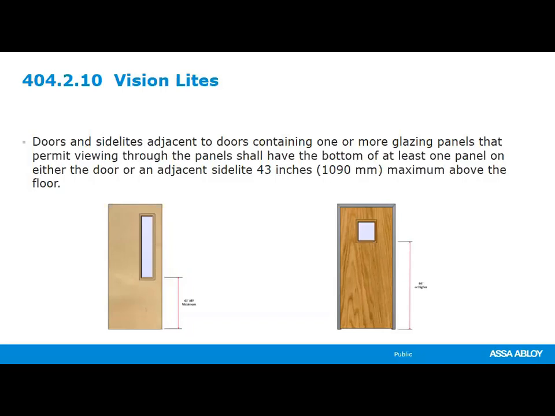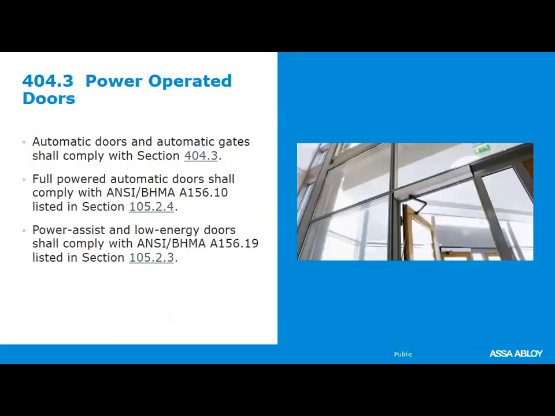And that's what the requirement is for, is a door in a corridor. If you're in a wheelchair, you need to be able to see if somebody's on the other side so that you don't push the door into them or you have any issues. So either the side light or the door, 43 inches to the bottom of the glass.